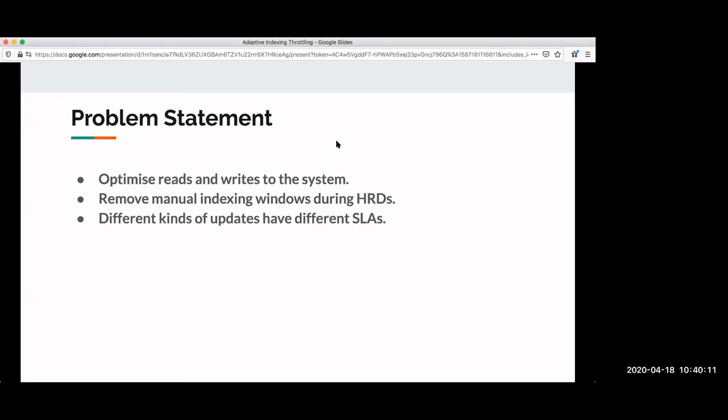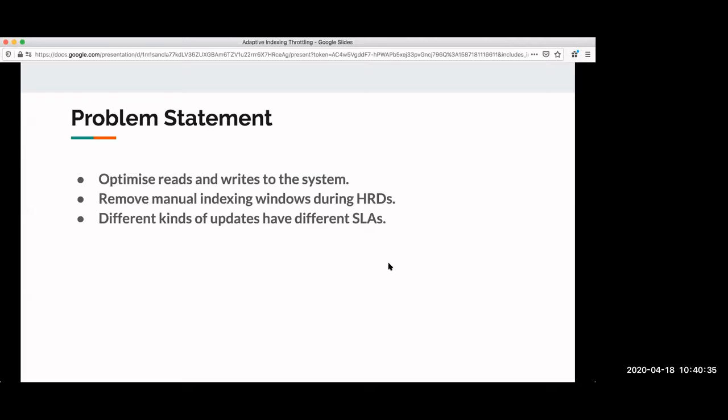So we'll only make the writes when the read performance is under control. If the read starts going bad, if the read health decreases, then we'll stop the writes or we'll reduce the flow of writes. So here the whole idea is the reads are more important than writes to a certain extent. So that is the first problem statement we're trying to solve.